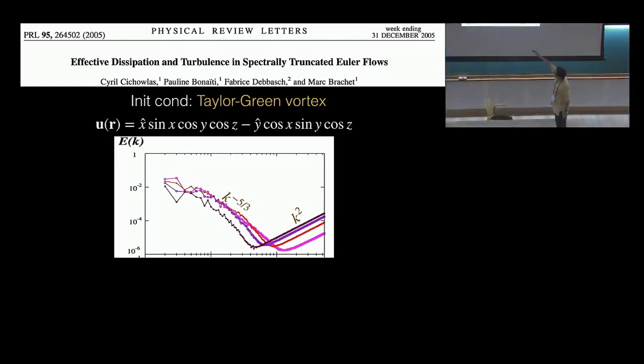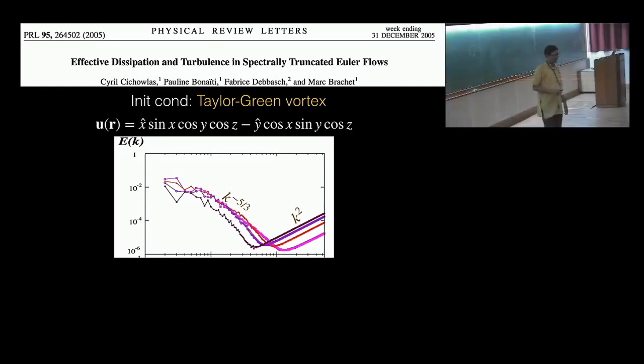If you wait for long enough time, it should just be k squared like that. Expected, but yeah, I think it should work. But the simulation blows up because of numerical buildup. So numerical things start coming in, but ideally, if the code is perfect, it should just give k squared like that.